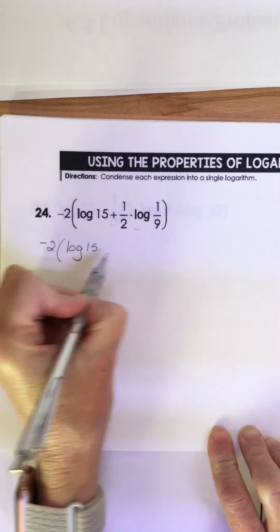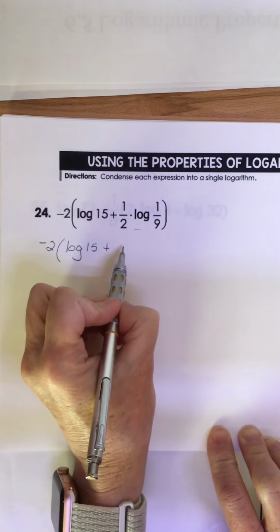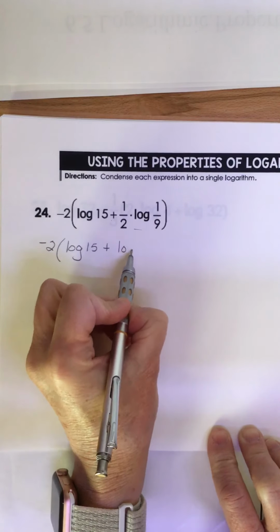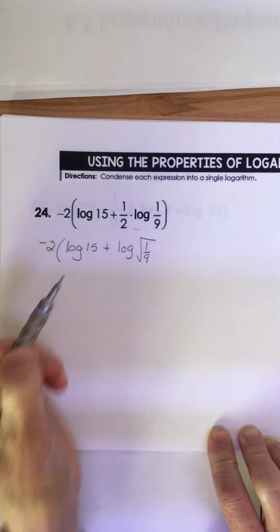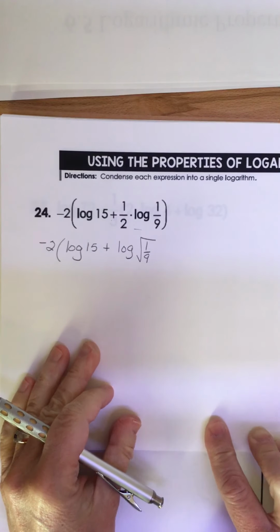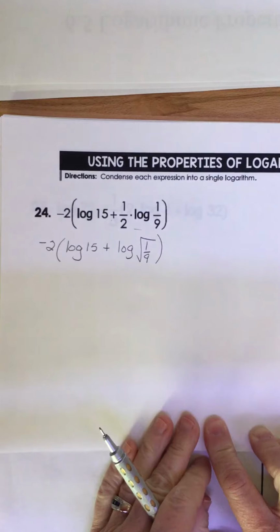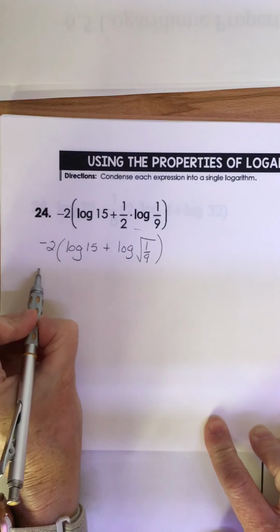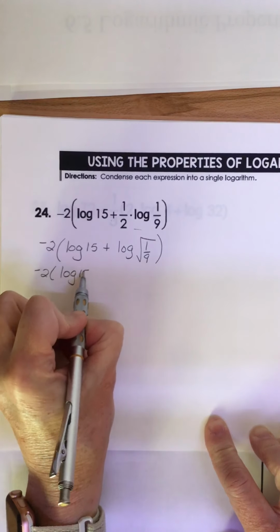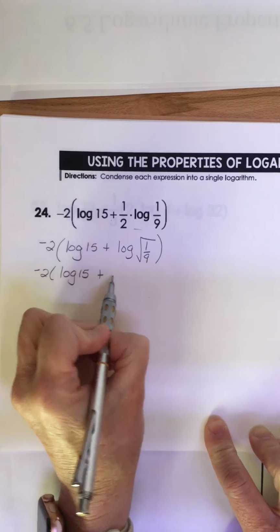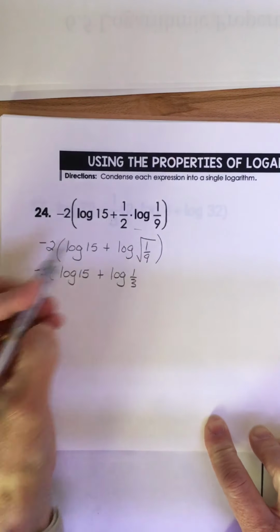So -2 log 15 plus log square root 1 over 9. Well, the square root of 1 over 9 equals 1/3. So we've got -2 log 15 plus log 1/3.